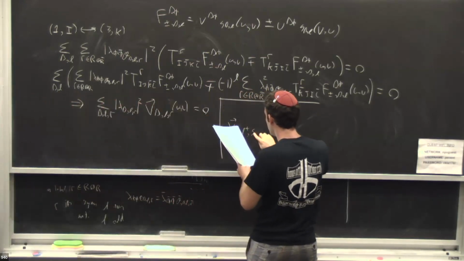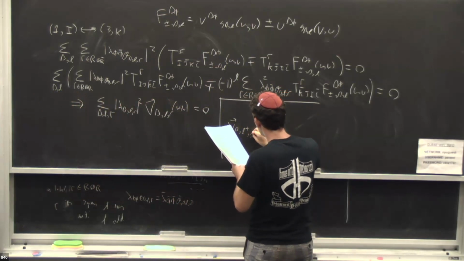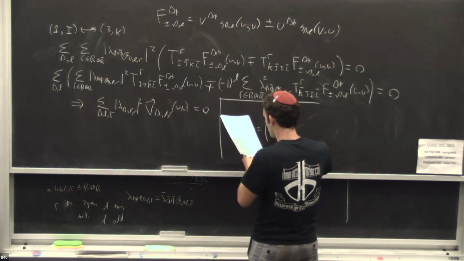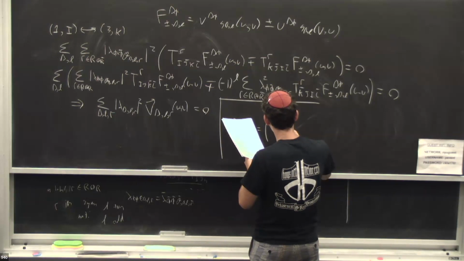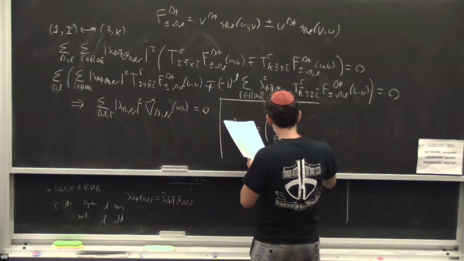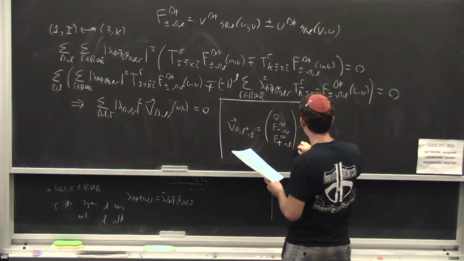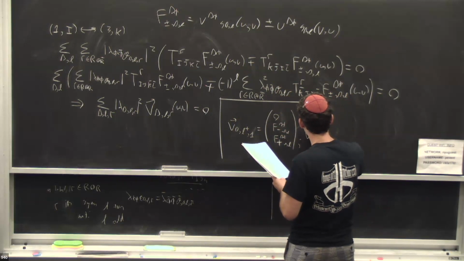So this is even spins, for the singlet representation. I find this vector, which is 0, F minus, delta L, and F plus, delta L. So that's the vector you get for the singlet.